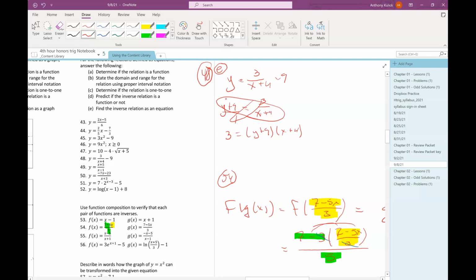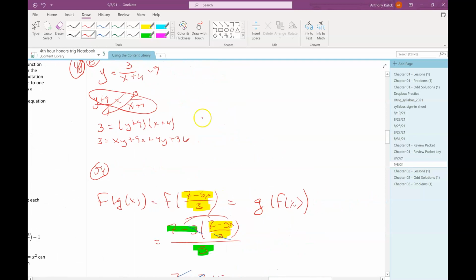Is that okay? Yep. Okay. And then I'm just going to FOIL out that right-hand side. And then I'm going to move the stuff that doesn't have an x to the other side. So I'll have minus 33 minus 4y equals xy plus 9x.